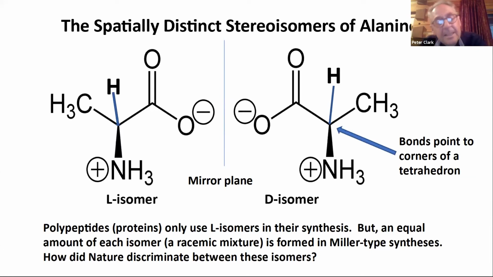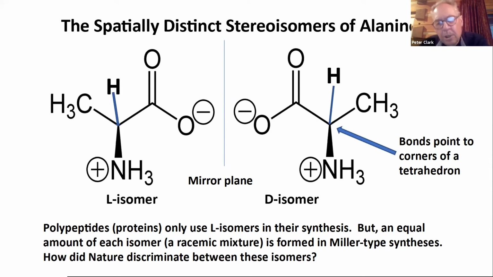But the amazing thing is that life depends completely on the fact that polypeptides, the constituent molecules of proteins, use only the L isomers. But in Miller-type chemistry, when you analyze the products that you've got, alanine was a compound that was made, you find that there is an equal mixture of the L and the D isomer.